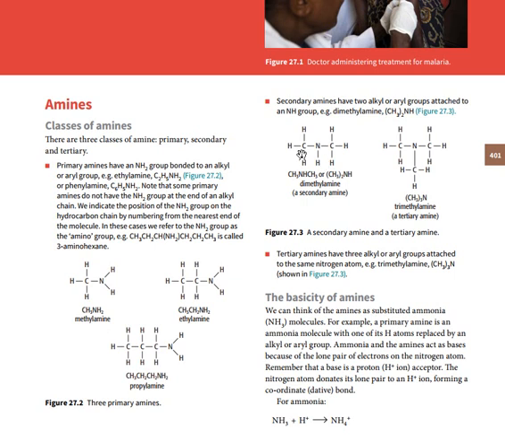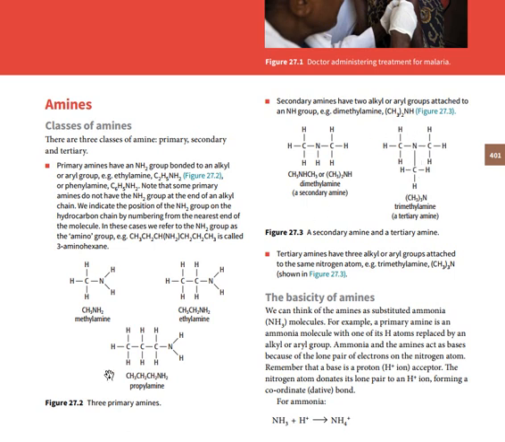For a primary amine you have an NH2 group, for a secondary amine you have an NH group instead, and for a tertiary amine you only have N. Those are the different cases.